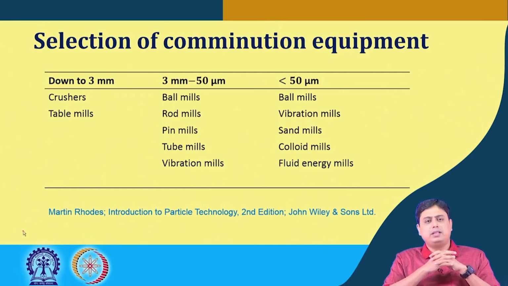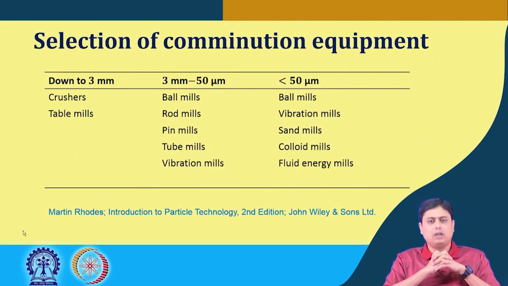Based on that, we have seen three categories: impact plus attrition, compaction, and crushing plus attrition, and the combination of all these mechanisms. And today we have seen that, based on the desired level of size reduction, what types of equipment, or which specific equipment, we can use.